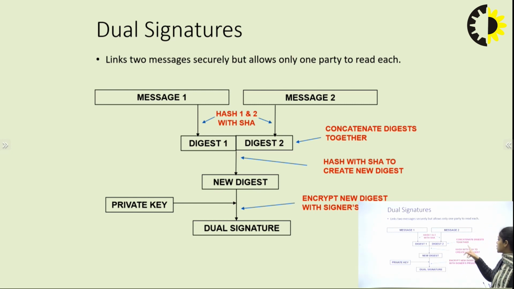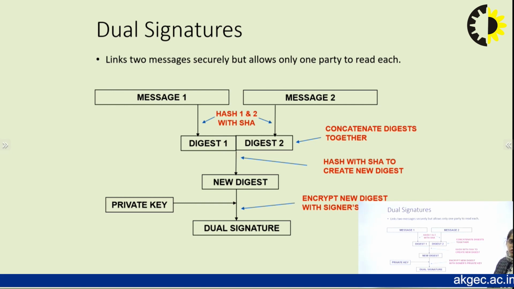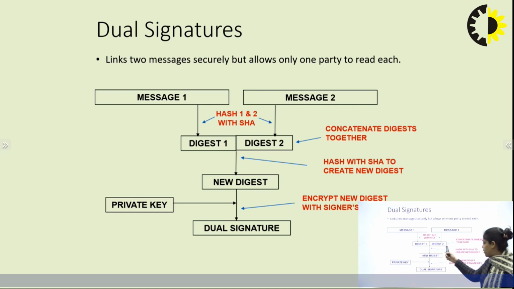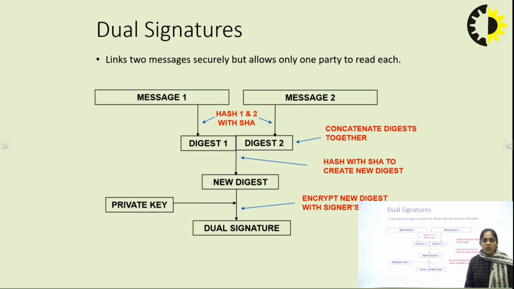We concatenate the digests together, attaching them. Hash with SHA to create the new digest. Then the private key is used to encrypt the new digest with the signer's private key, and finally produces a dual signature.